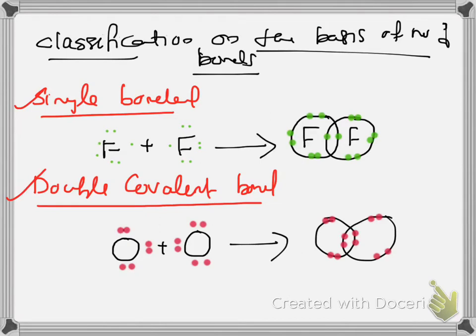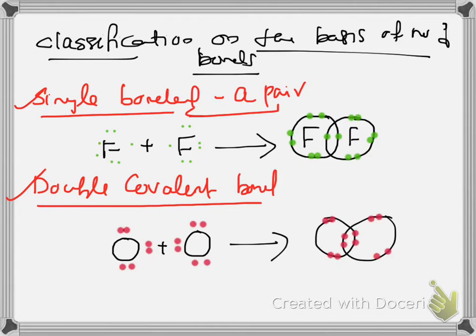Single bonded is a covalent bond in which a pair of electrons is shared between two atoms. A pair means two electrons. Sharing of a pair leads to the formation of a single covalent bond. Consider the formation of hydrogen, fluorine, chlorine, etc.